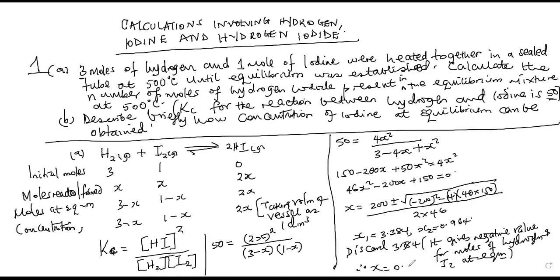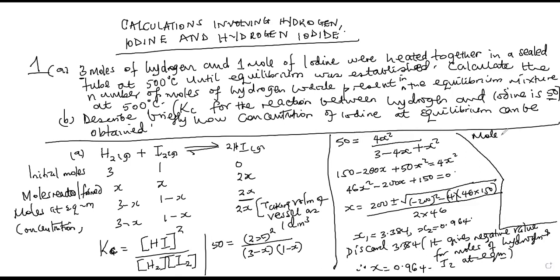0.964. But the question is, calculate the number of moles of hydrogen iodide present in the equilibrium mixture. So at equilibrium, the moles of hydrogen iodide is 2x. So if x is 0.964, we shall just multiply.